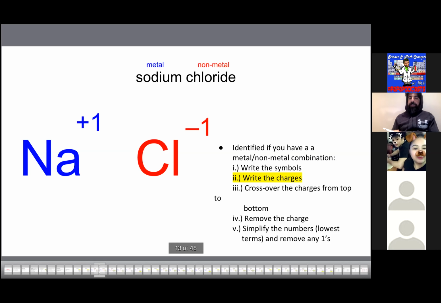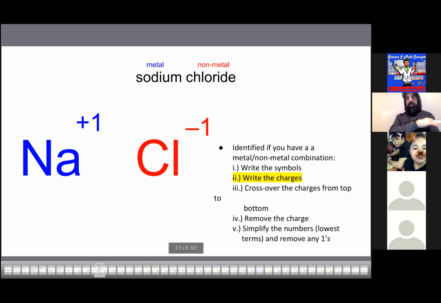If you look at the steps that we're going to do next, understand that because we have the ones already, technically since they're both ones, you can just get rid of those charges and put the whole formula together, NaCl. But we're going to walk through all these steps just so you see exactly how we get to it.